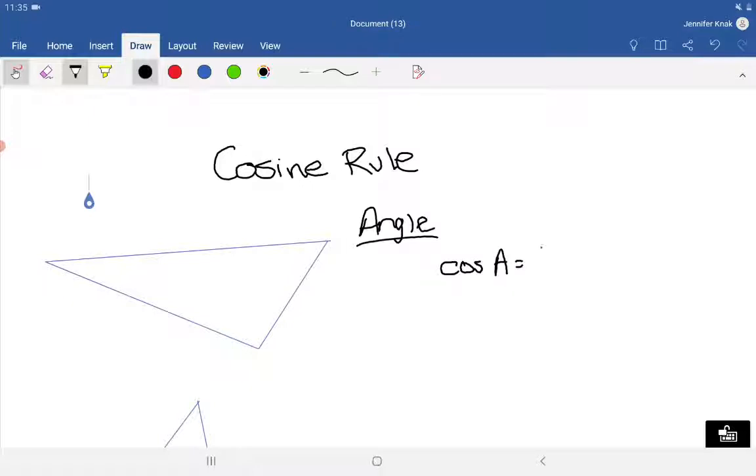It's cos A equals b squared plus c squared minus a squared over 2bc. So it is really just a rearrangement of the formula that we've just looked at. As I said, some of you might want a wee challenge to go away and try and do that with your changing the subject knowledge. But it is given to you on the formula sheet, so you don't need to worry about creating it yourself.